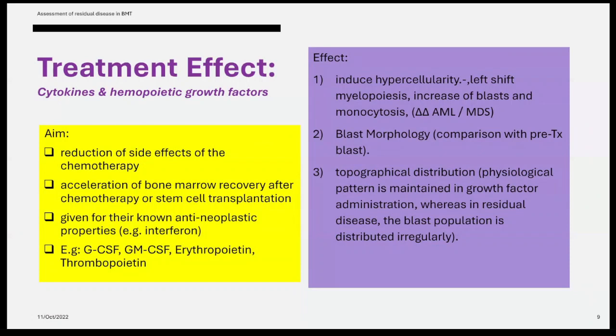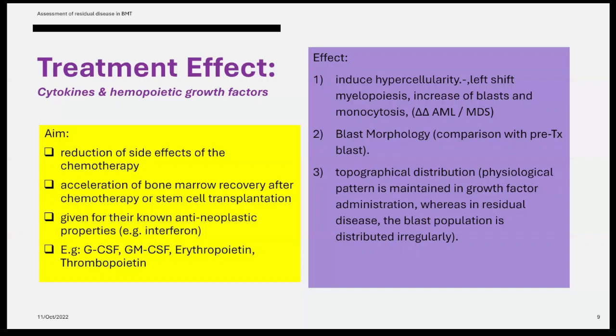Okay, the treatment effect. Yeah? Okay. The aim of this treatment is a reduction of the side effects of chemo, acceleration of marrow recovery after chemotherapy or stem cell transplant, and also preferably, if you know the anti-neoplastic properties, for example, CSF, all those CSFs or erythropoietin or thrombopoietin.